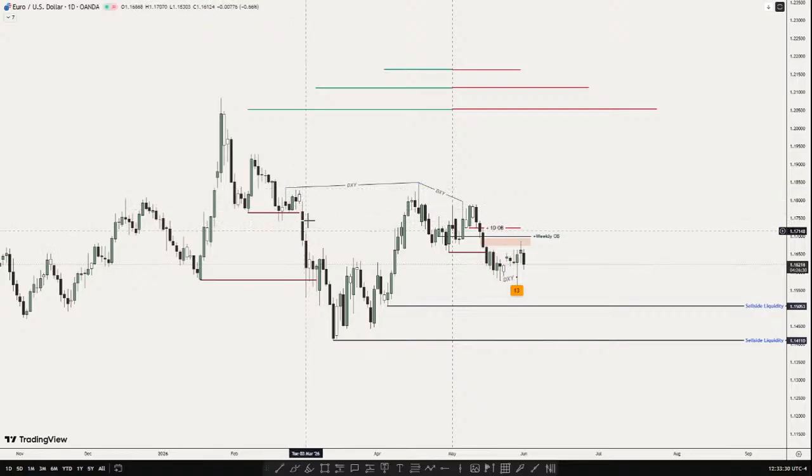We have a fair value gap and volume imbalance here. So these are important points in price whenever price will return back to them. So this is what we see here. Price returned back to this old high, created an SMT with DXY with this high, and it started moving down.